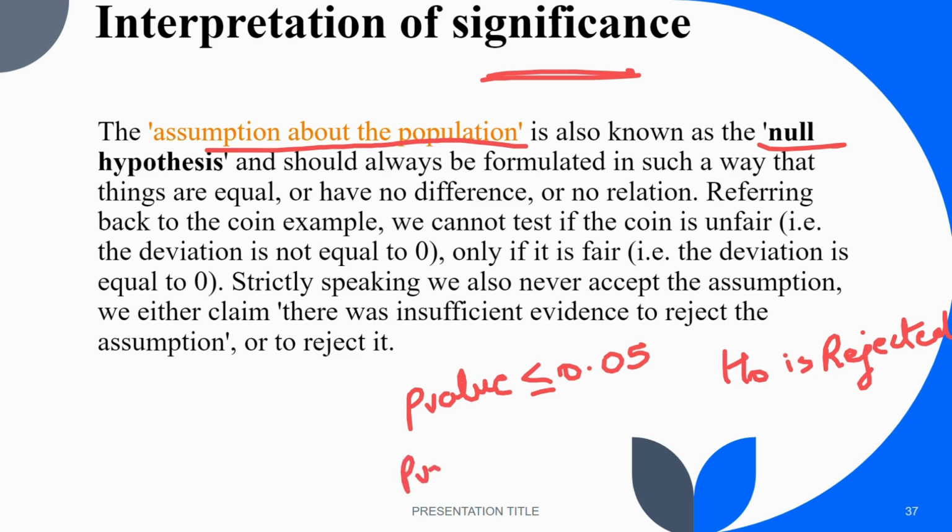If the p-value is greater than 0.05, we say that the null hypothesis cannot be rejected. These are the two results that we get out of our statistical hypothesis testing. So whenever we apply statistical hypothesis testing, we check the p-value and either we reject the null hypothesis or we cannot reject the null hypothesis.